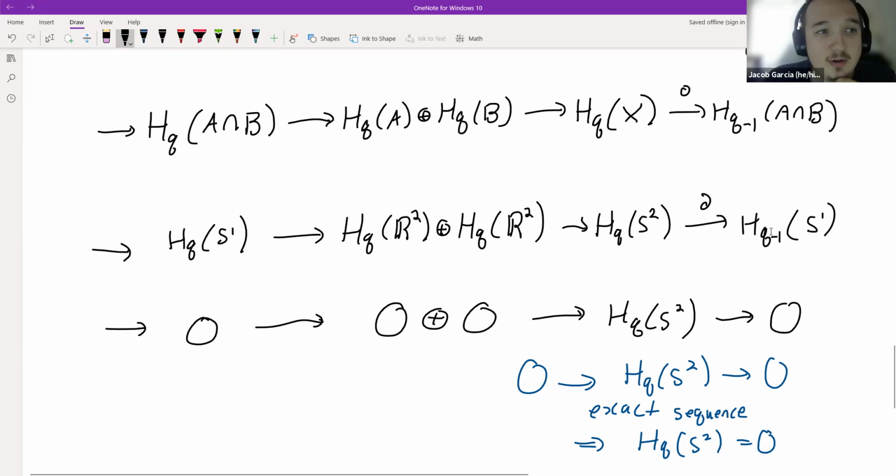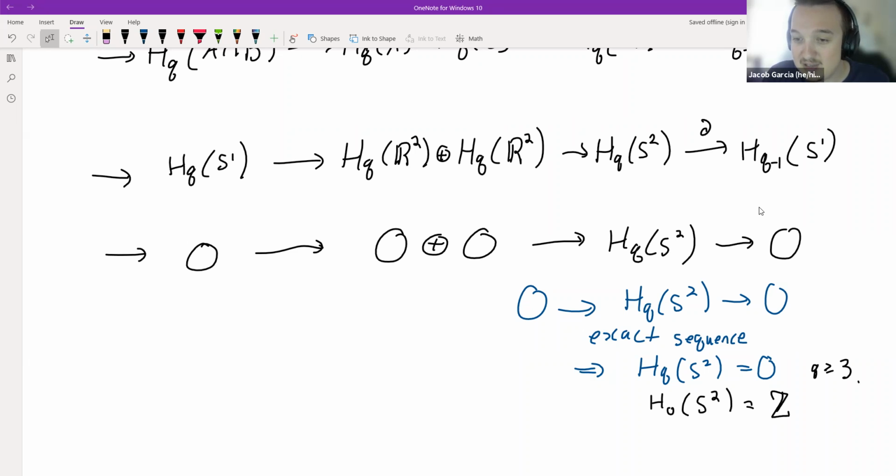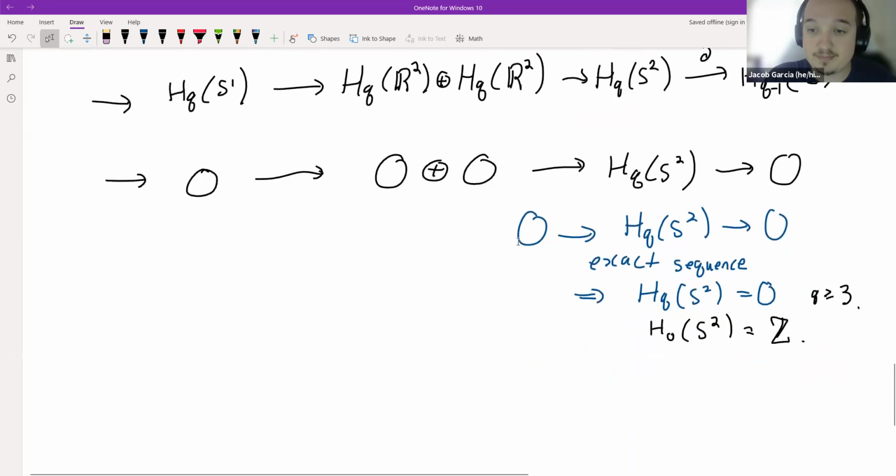Okay, so now we just have to look at the small homology. Like I said, this is for Q greater than or equal to 3, but I also know that H0 of S2 is equal to Z. So I only have to look at the cases Q equals 2 and Q equals 1. Those are the only ones to parse here.